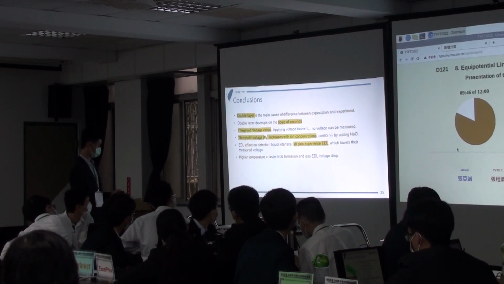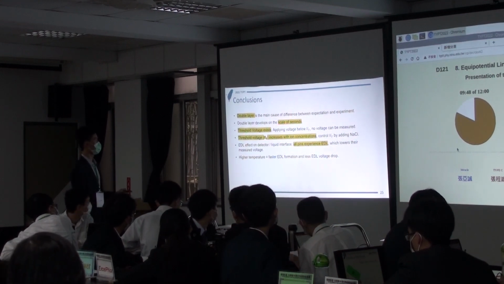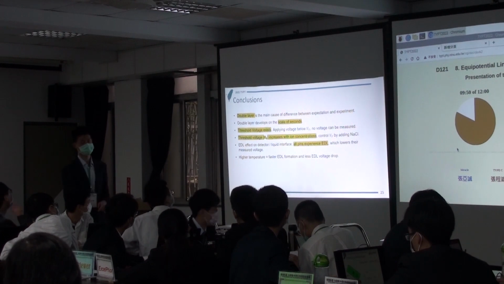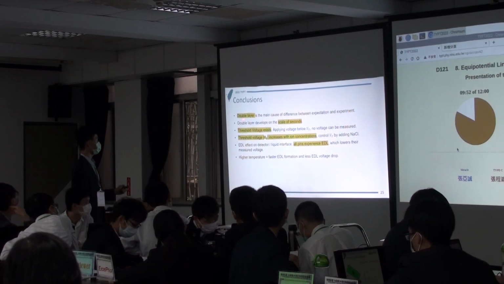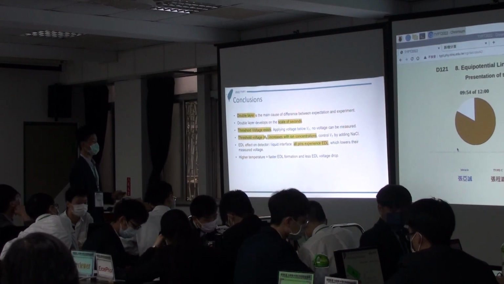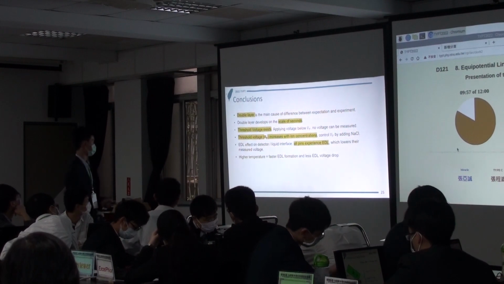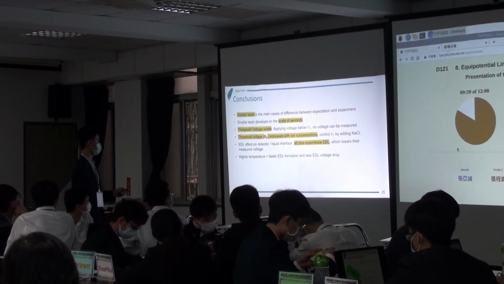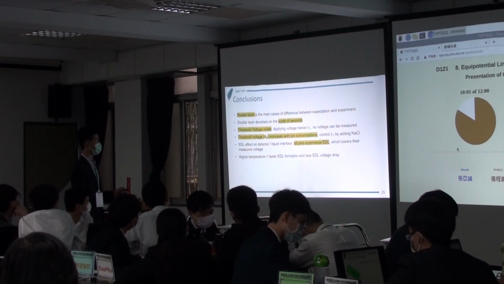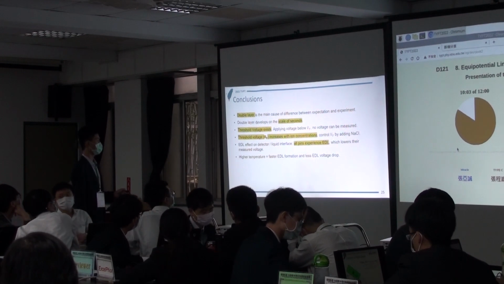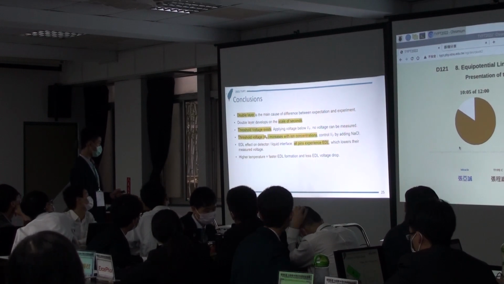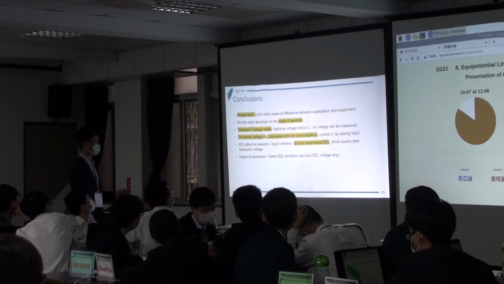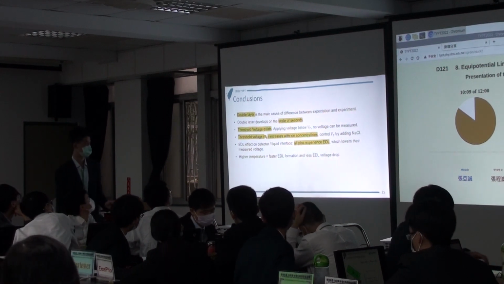So, in conclusion, the double layer is the main cause of the difference between our expectation and our experiment. And it develops on a scale of seconds, which is observable in our experiments. Also, there exists a threshold voltage. And if we apply a voltage beneath the threshold voltage, then nothing can be measured. And this threshold voltage increases with ion concentration.